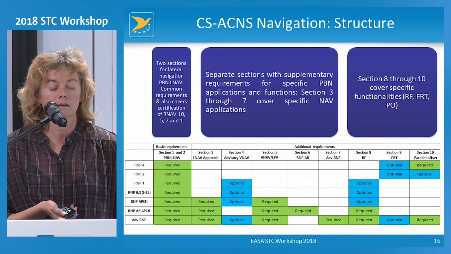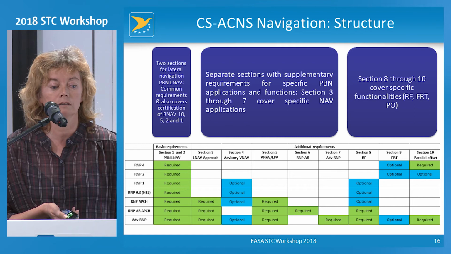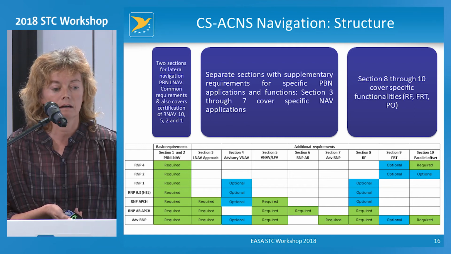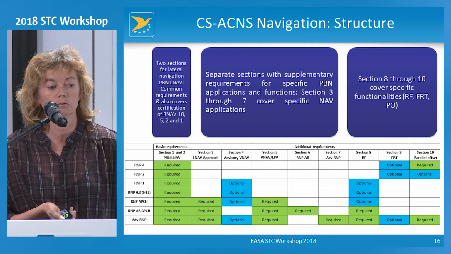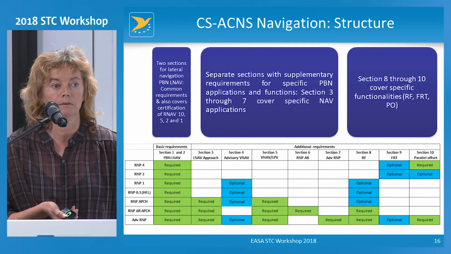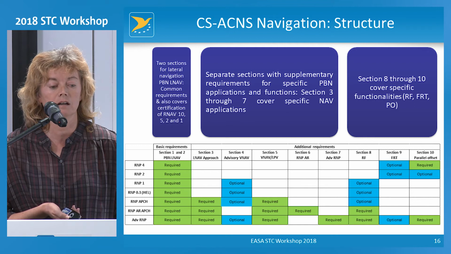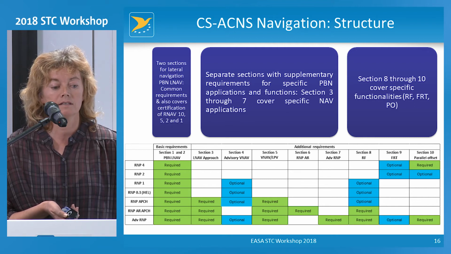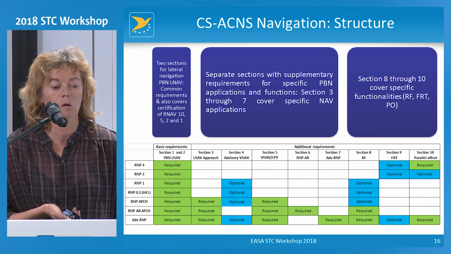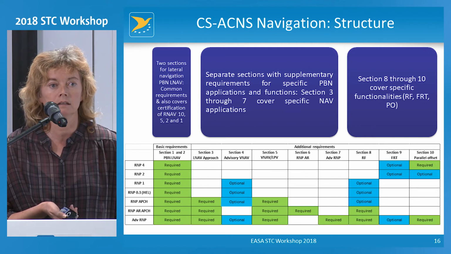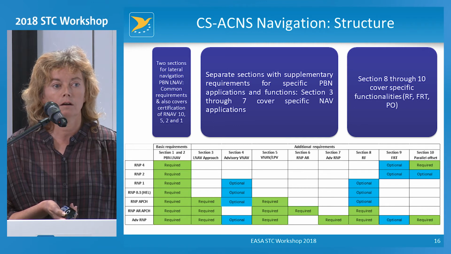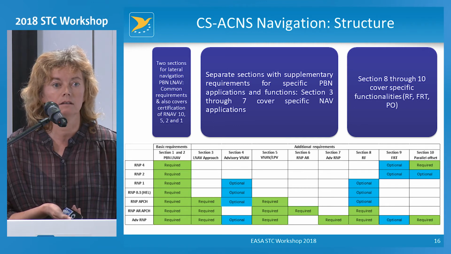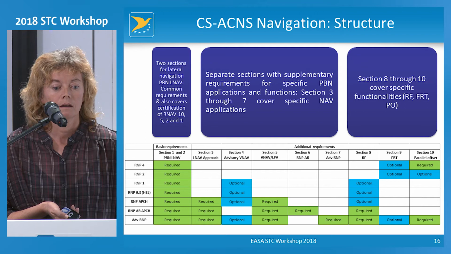Sections 1 and 2 are required for everything. As soon as you go to build up further operational capabilities, you might have to apply other sections as required, indicated in green in the table, or optional, indicated in blue.